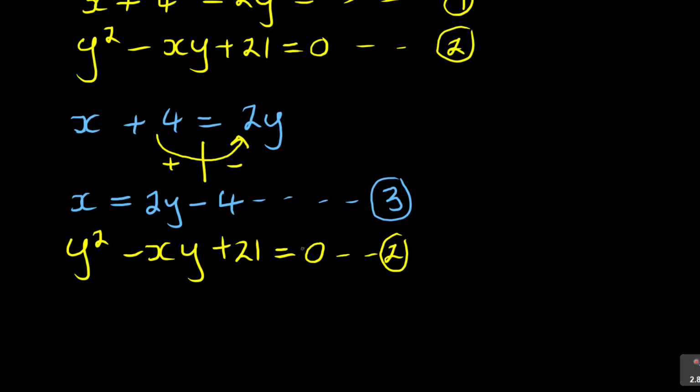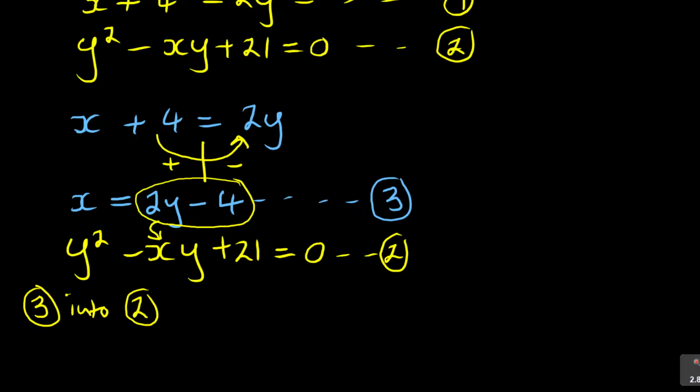From here, you are going to say 3 into 2, meaning equation 3 will go into 2. What does it mean? Whenever we see x, we're no longer going to write x. Remember, I said x is equal to, so you're going to put it there. You substitute, and that's it. So wherever you see x, don't write x. Now write that value for x.